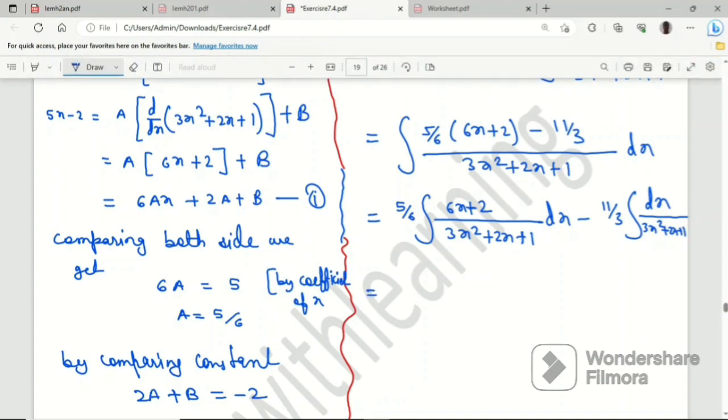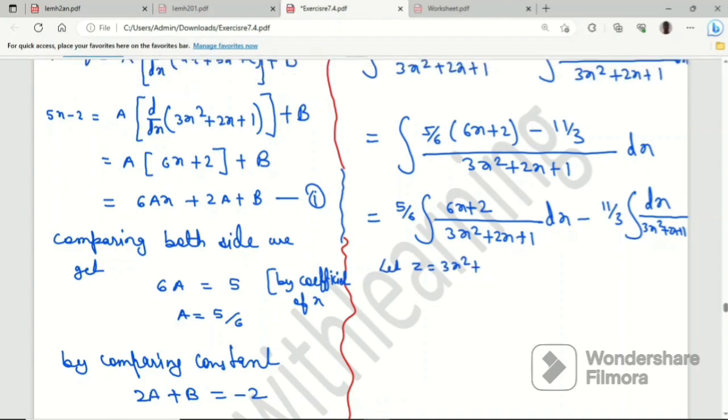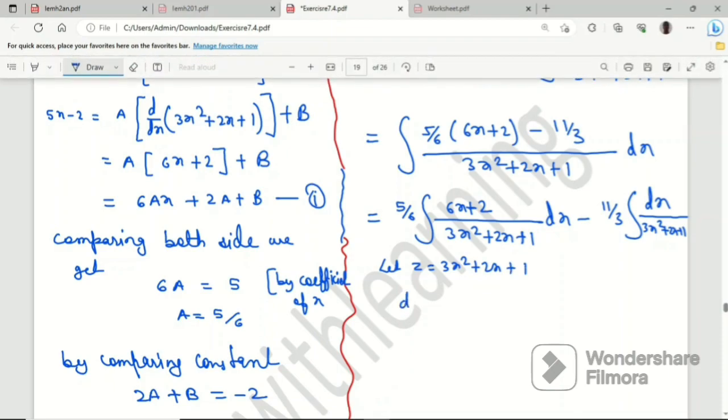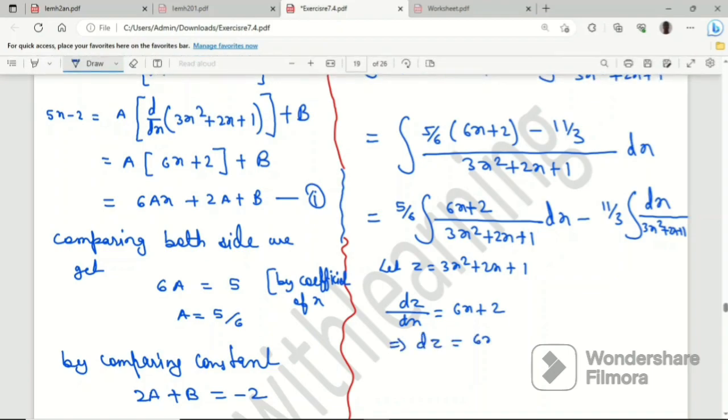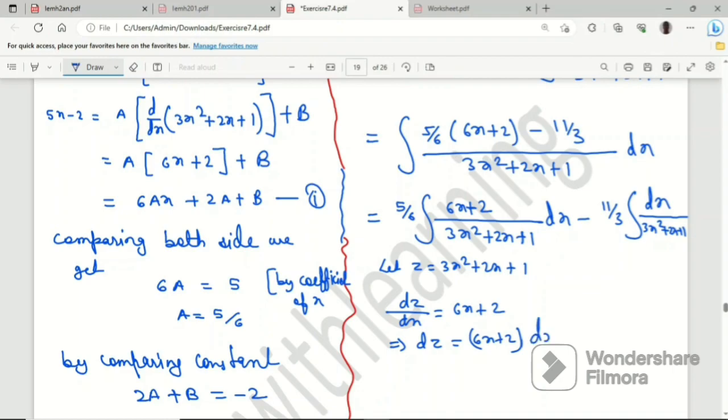Now I can use the substitution method for the first part, and I can use the quadratic equation for the second part. Let me use the substitution method. Let z equal to 3x square plus 2x plus 1. So dz upon dx equal to 6x plus 2, so dz equals 6x plus 2 into dx.